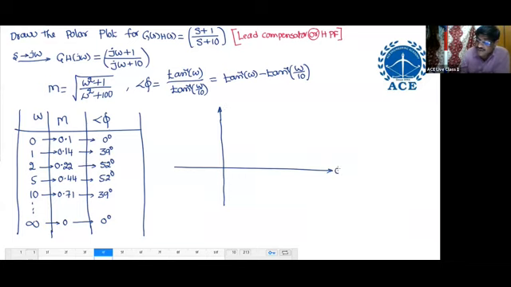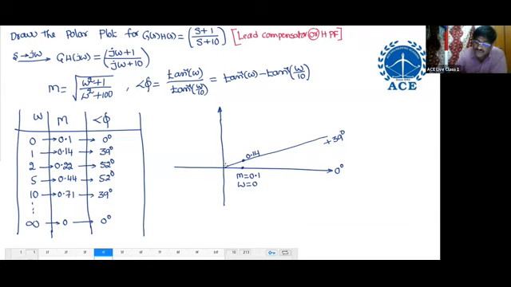Omega 0, at 0 degrees, the magnitude is 0.1. Omega 1: draw a line at plus 39 degrees, on which the magnitude is 0.14.